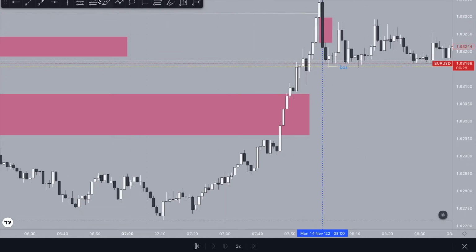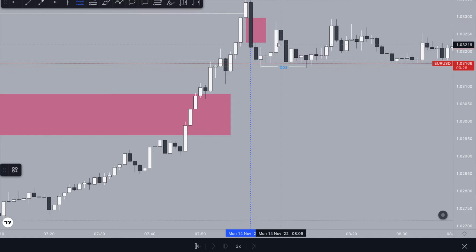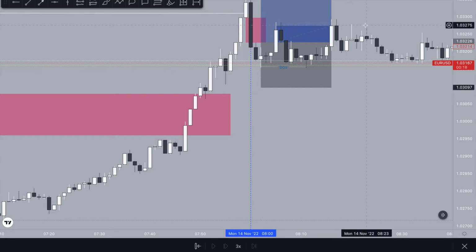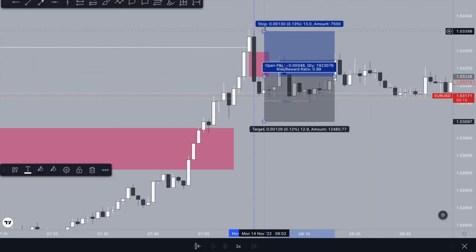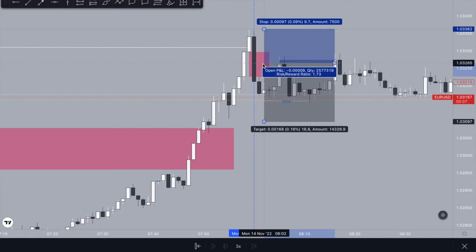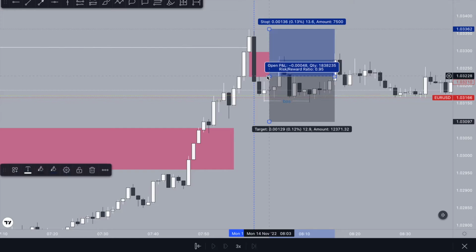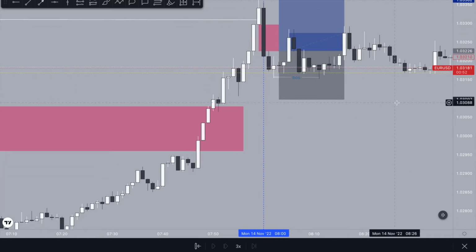Normally I would use the high of the third candle as my entry level, and then the stop loss would be just above the high of the first candle. However, you may use this gap, or somewhere around here, as your entry. But for me, I normally use the high of the third candle as my entry level.